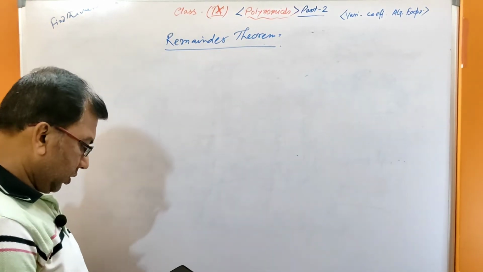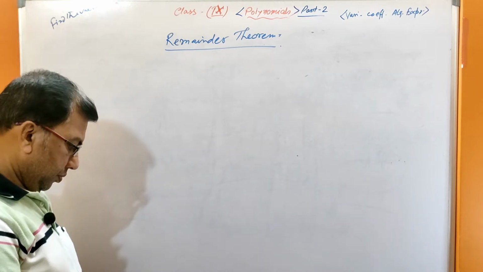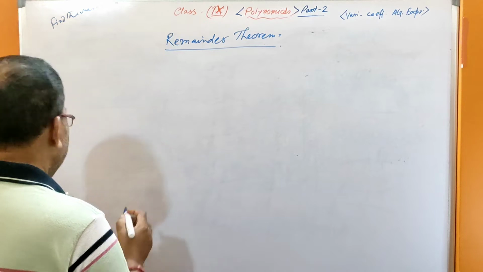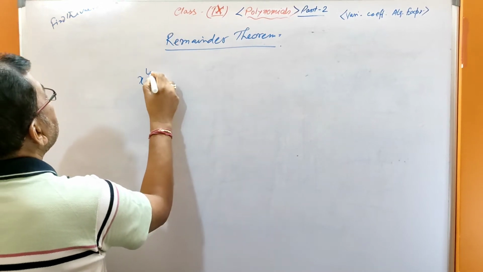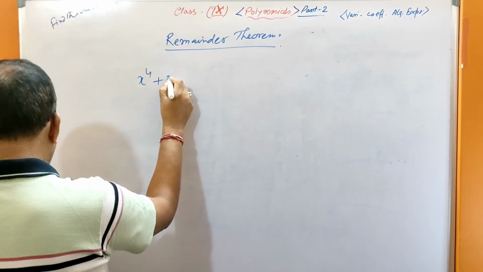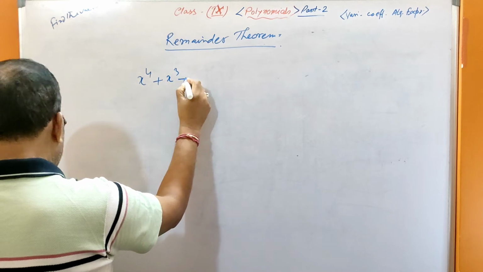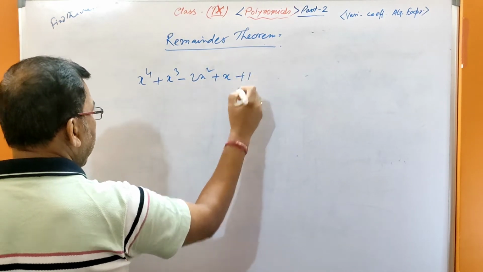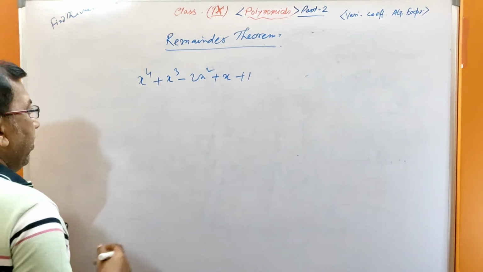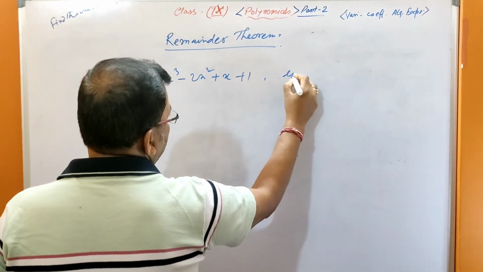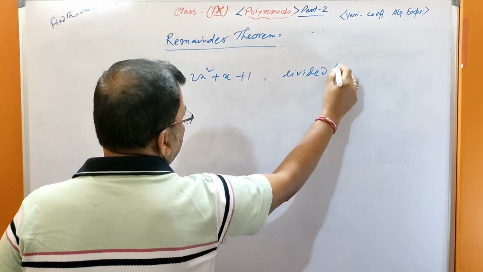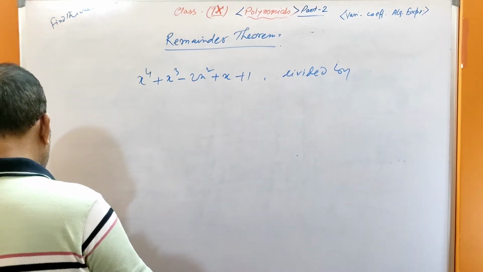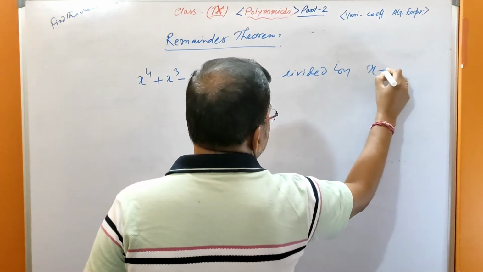Okay, suppose find the remainder when x to the power 4 plus x cube minus 2x square plus x plus 1 is divided by x minus 1.